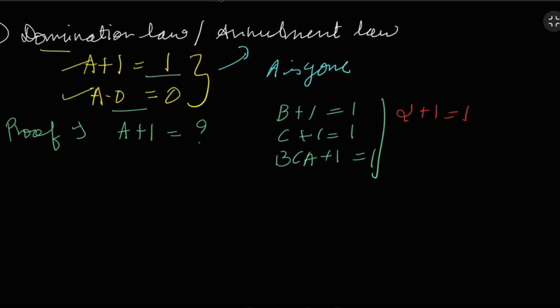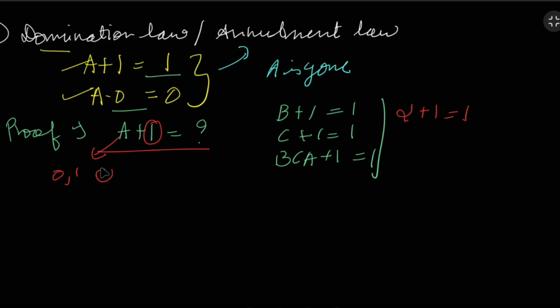Let's see the proof. A plus 1 here, 1 is fixed over here, then A can be 0 or 1. Right?